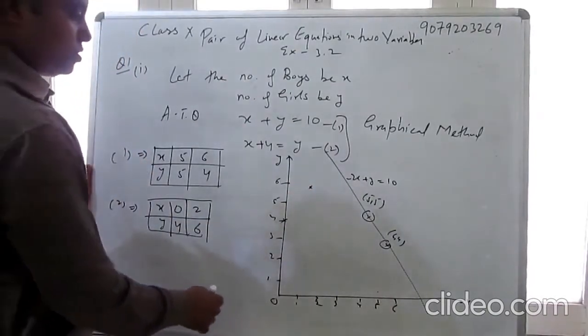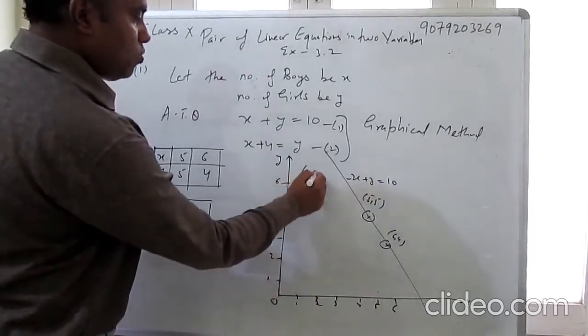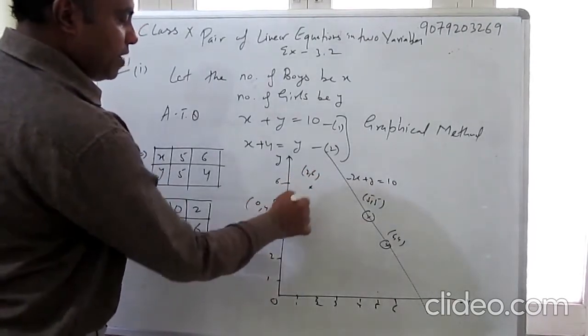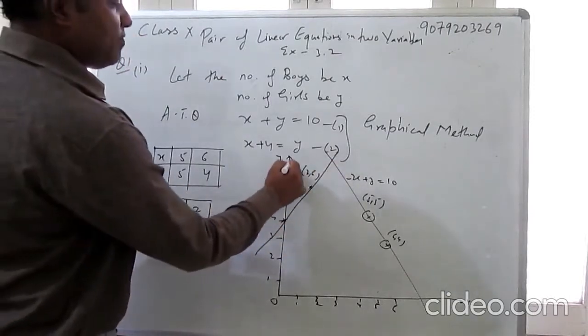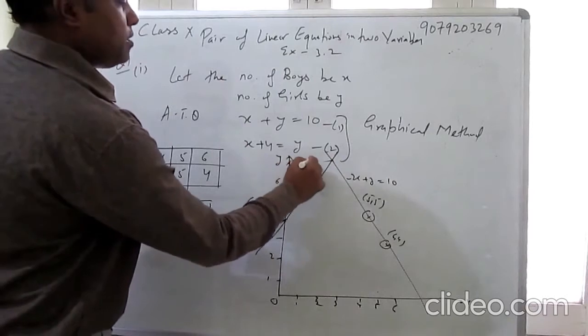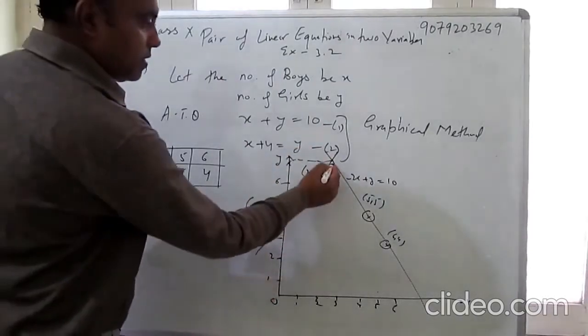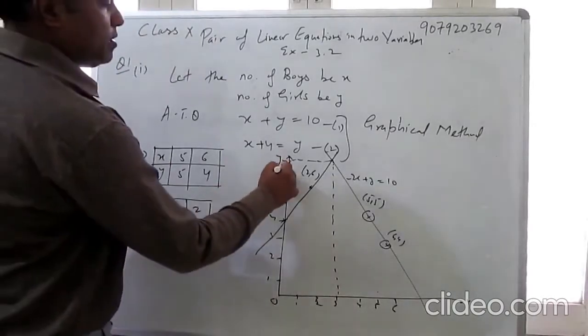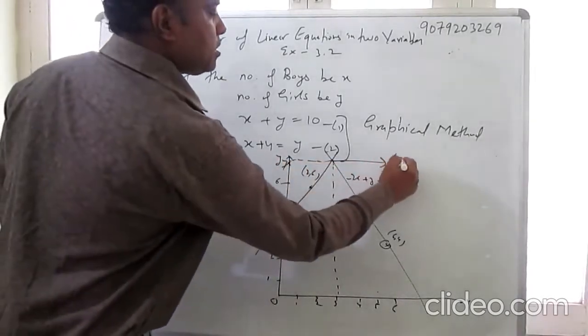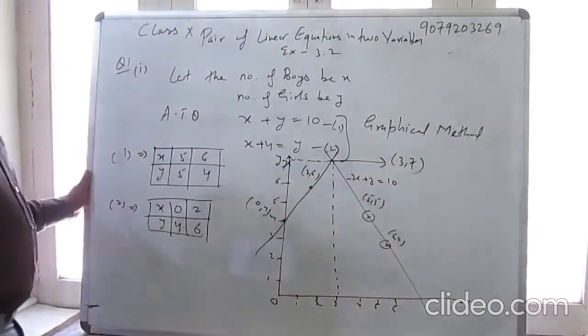0, 4 and 2, 6. If I join these 2 points, it will intersect somewhere there. This is the intersecting point. This point is 3, 7.